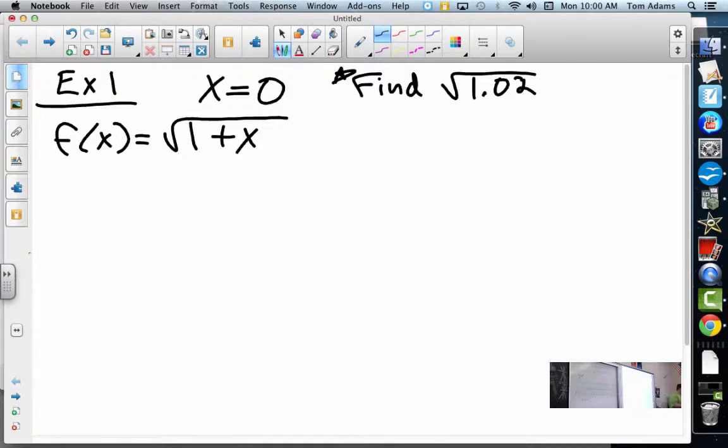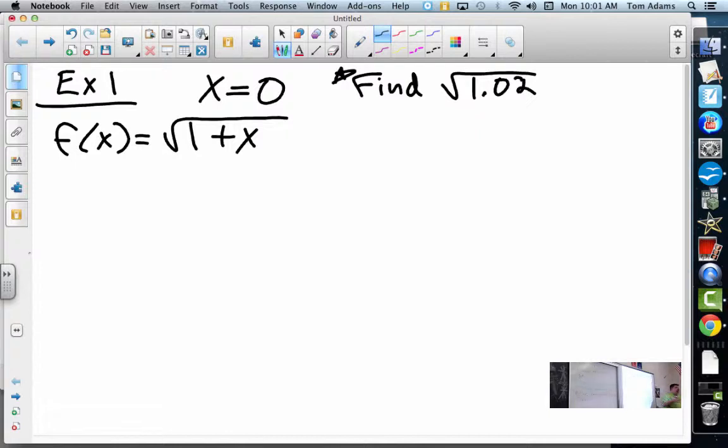So for 4.5, when we do linearization, or Newton's method, what this is used for is computer programming, and sometimes we can do things in our head without a calculator. Clearly, if I wanted to find a precise value of the square root of 1.02, I need a calculator to do that.